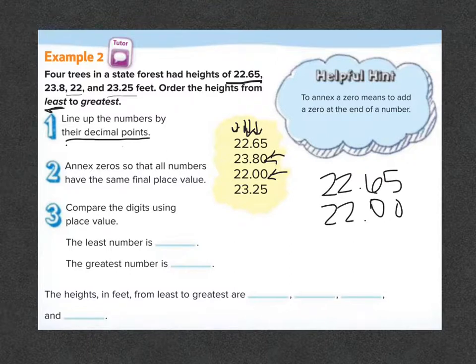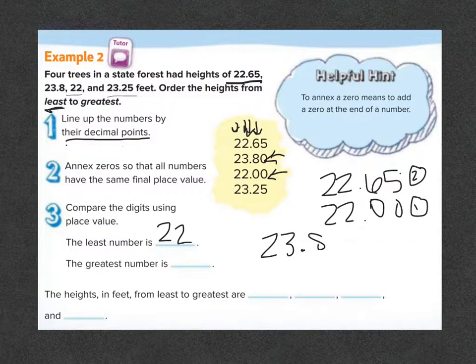So the smallest is going to be 22. Okay, and then this is going to be the next smallest, second place. Then I'm comparing 23 and 8/10 to 23 and 25 hundredths, annex the 0. We know that 8 is larger than 2, and so the greatest number is 23 and 8/10.